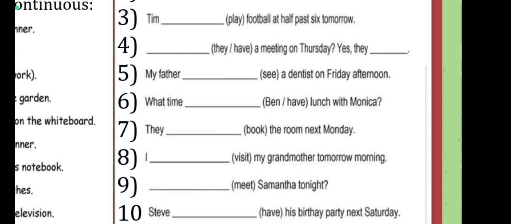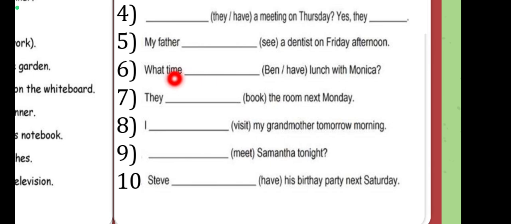Now let's pass to you, Franciani. Can you do for number 6 to number 10, please? Number 6, teacher. Yes, from 6 to 10. What time is Ben having lunch with Monica? Good. They are booking the room next Monday.